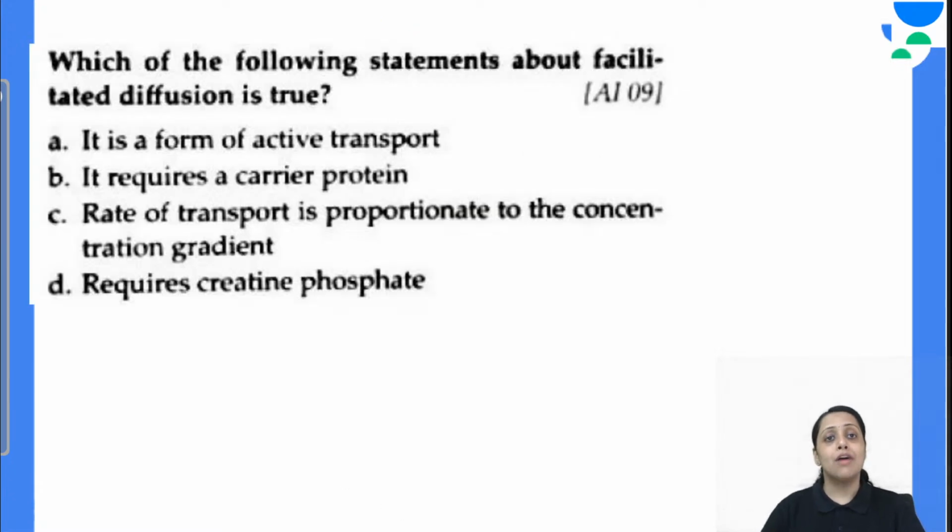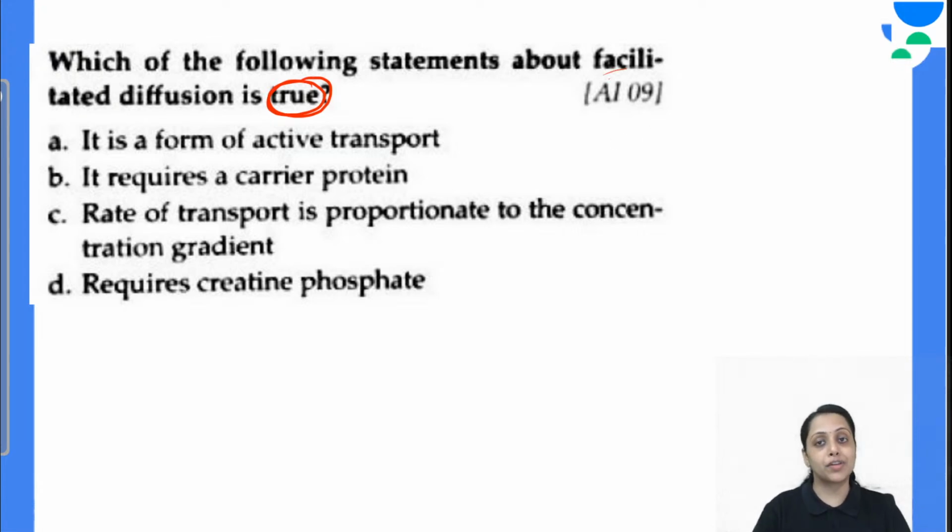Coming to the next one: which of the following statements about facilitated diffusion is true? It is a form of active transport. It requires carrier molecules. Rate of transport is proportionate to the concentration gradient. It requires creatine phosphate. Everybody answer this question.